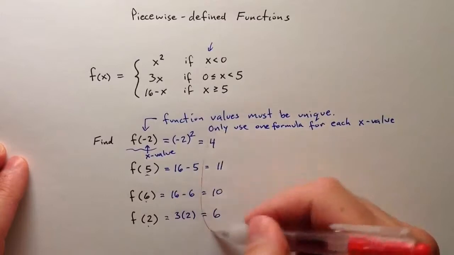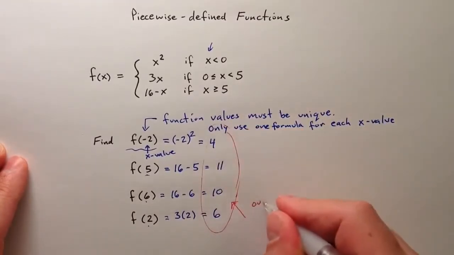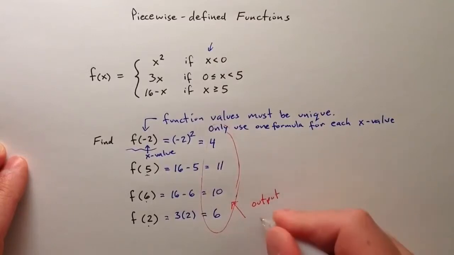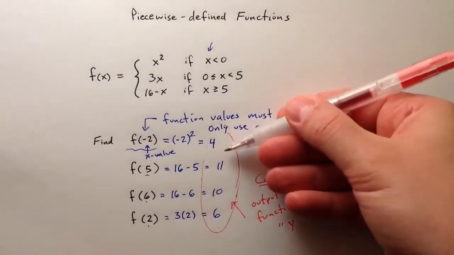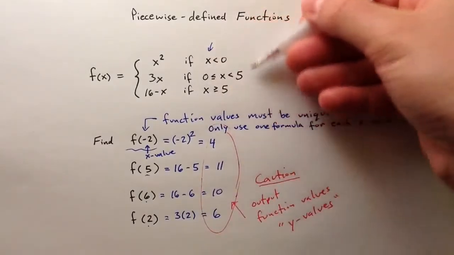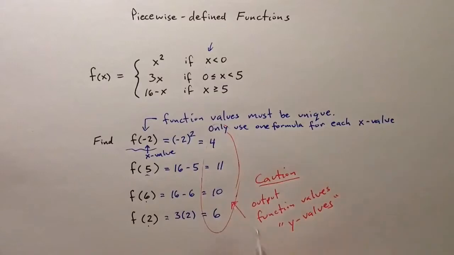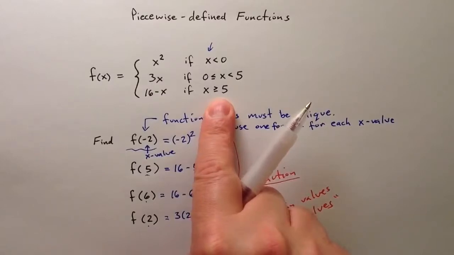A word of caution: these output values, the function values, are y values. I think sometimes students learning about piecewise functions for the first time are tempted to take these values like 4, 11, 10, and 6 and then plug those into the logic statements. But these are y values. They're values that are coming out of the function, and the logic statements are used to divide the domain.